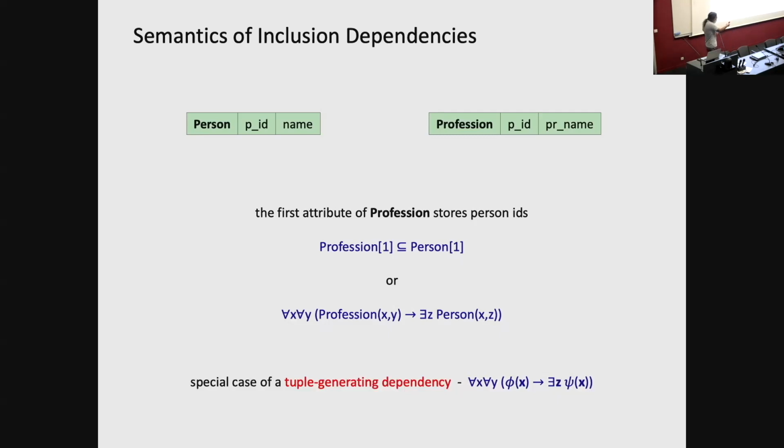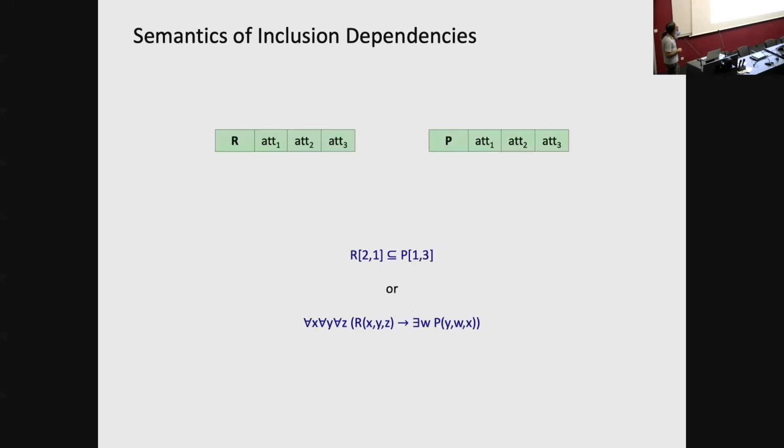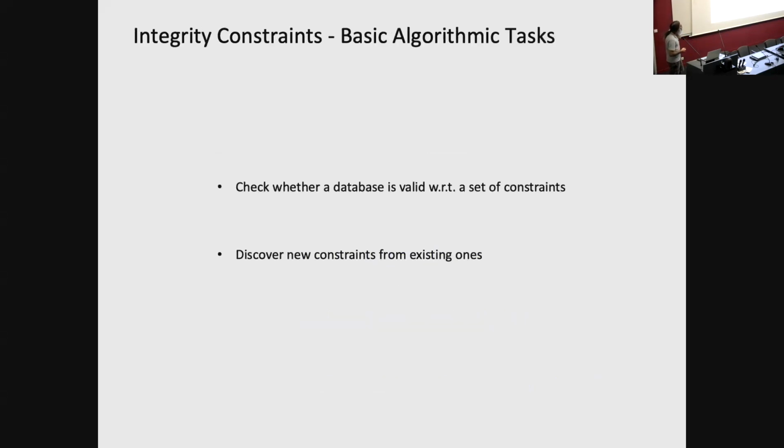An inclusion dependency is just a special case of such a sentence where φ and ψ are single relational atoms. And we can prove, of course, that with these kinds of sentences you can express more than inclusion dependencies.